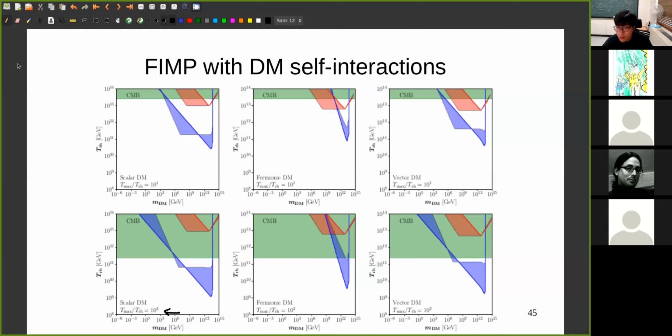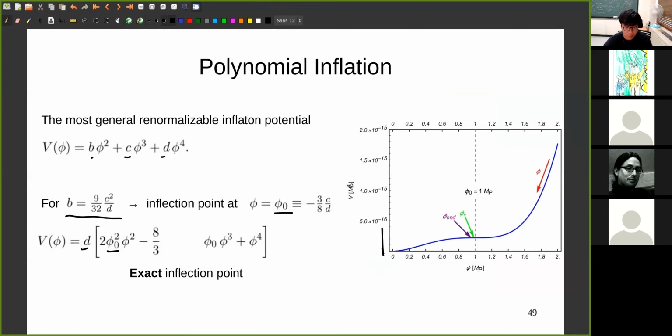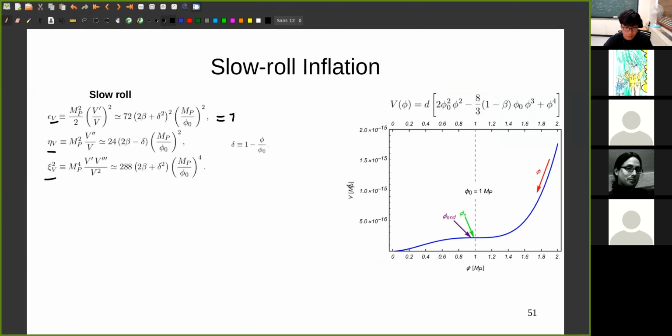Any other question? Hello, I have one simple question about this inflection point inflation, I mean polynomial inflation. In the next page, you introduce the parameter beta in the potential, right?